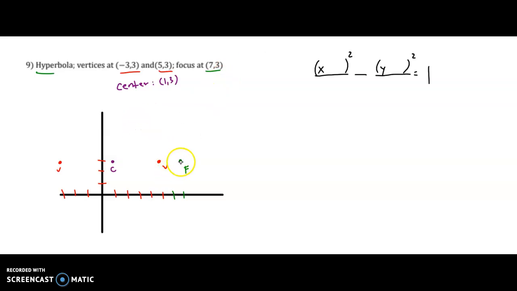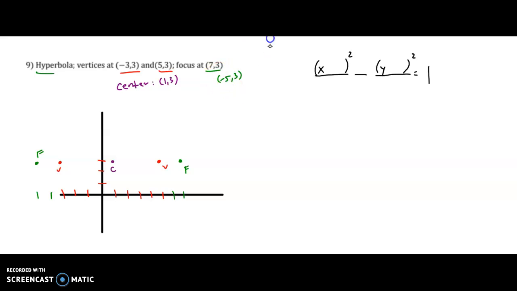There's a focus at 7, 3, which means that's 2 more beyond the vertex. So if I go 2 more beyond this way, the other focus is going to be over here, which would be at -5, 3.